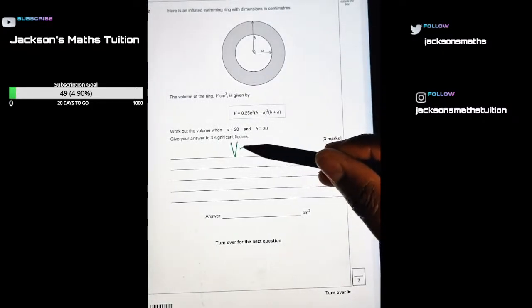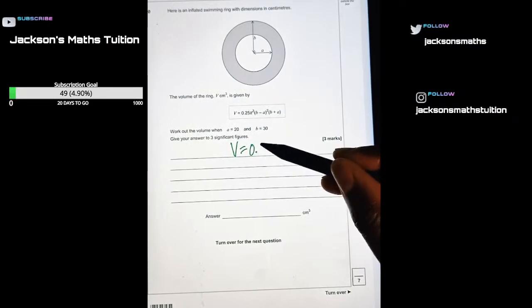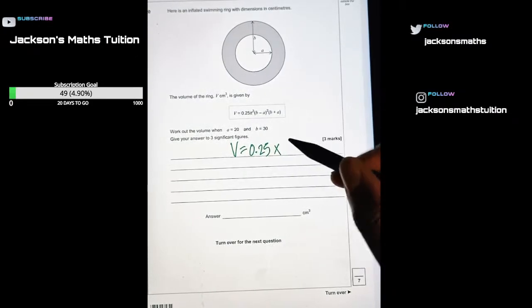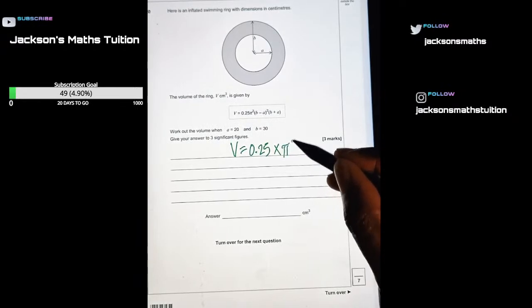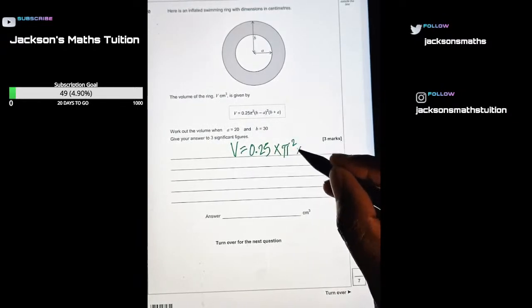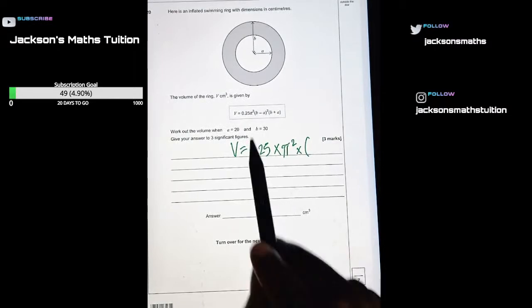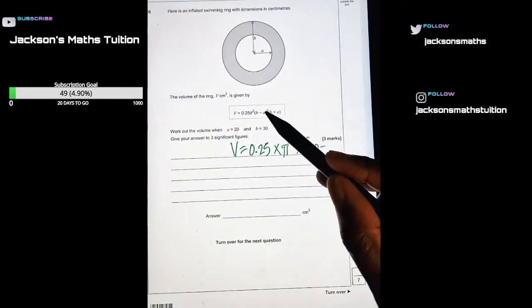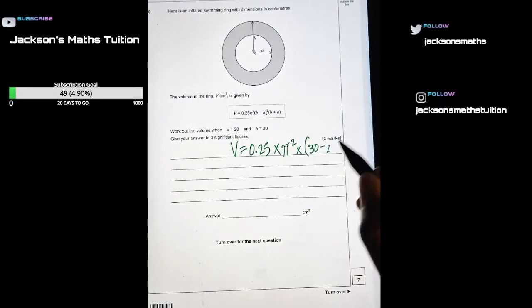So let's substitute in. Volume equals 0.25 multiplied by pi squared multiplied by, in brackets, B, which is now 30, minus A, which is 20.